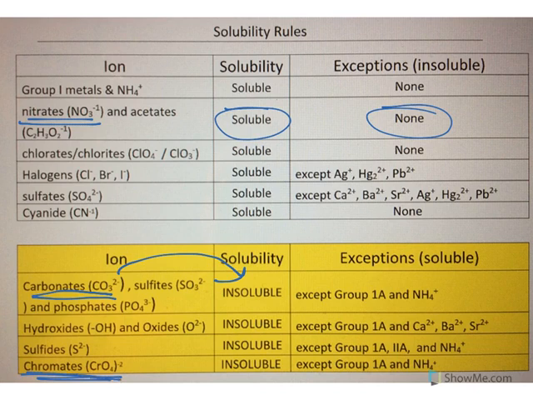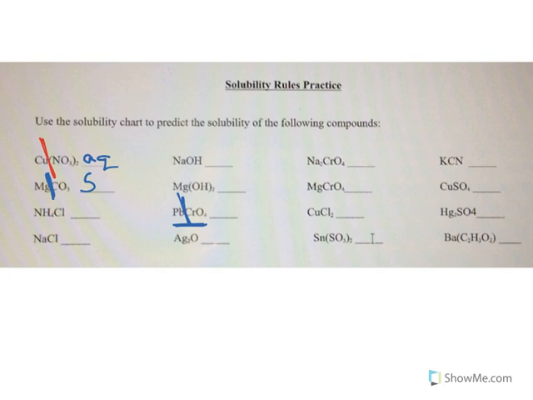Chromates are not soluble except for group 1 and ammonium. Lead is not group 1, so this is going to be a solid. All right? So that's how these work, and we're going to have you practice a few problems in Canvas today.